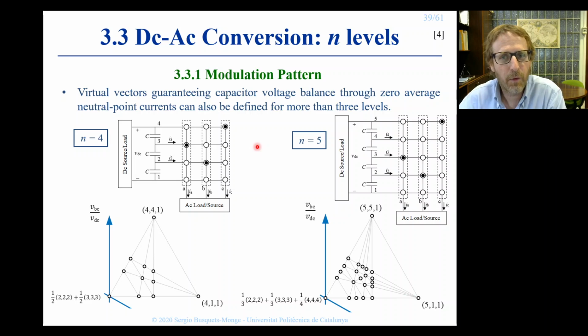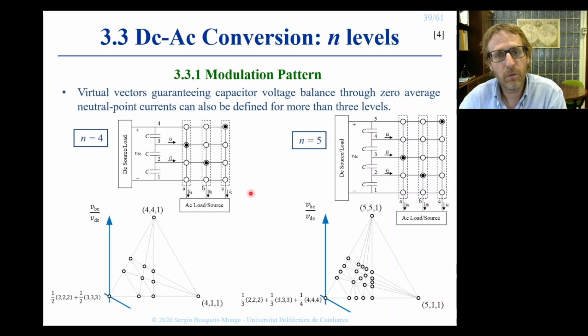Let us now see how we can extend this virtual vector pulse width modulation to an arbitrary number of levels higher than 3. In the slide, we can see as examples the 4-level case and the schematic of the 5-level case.